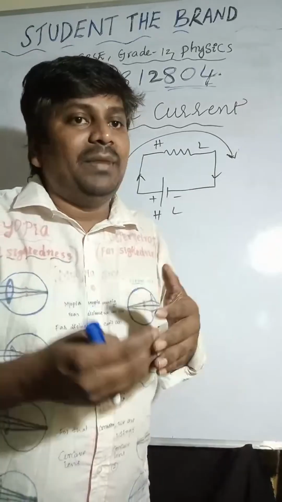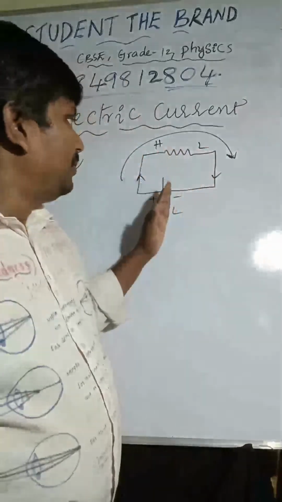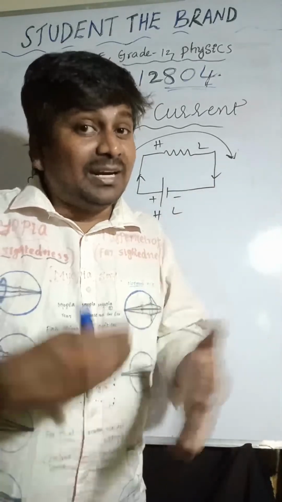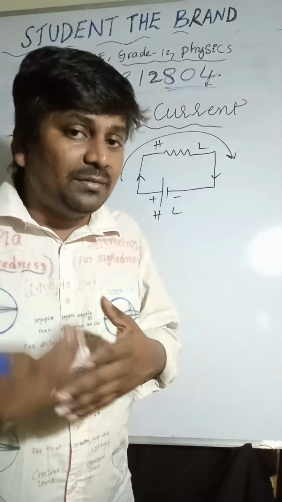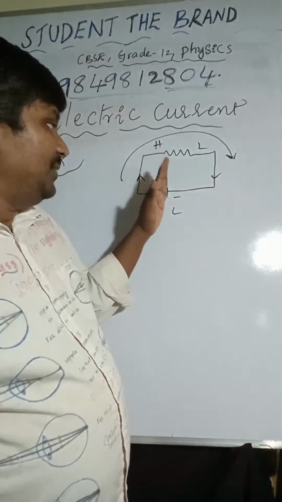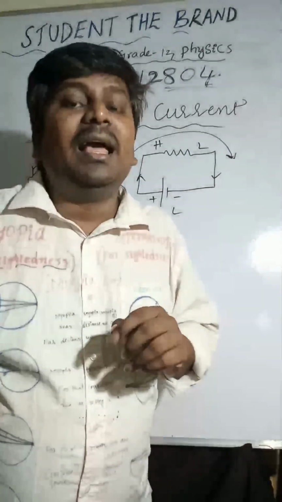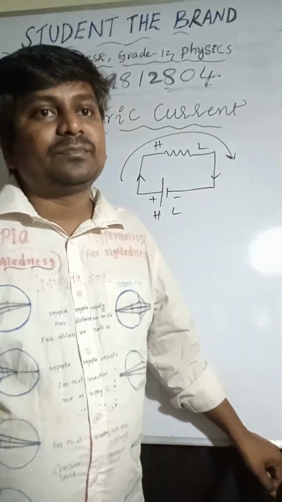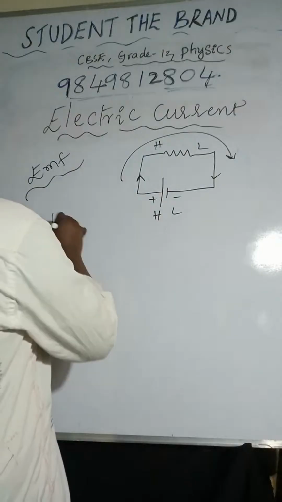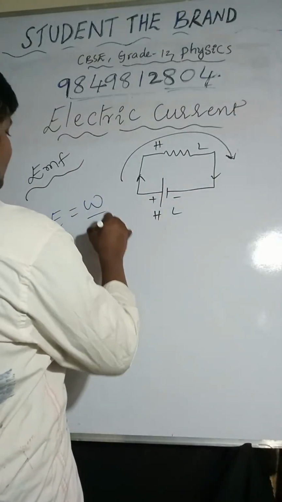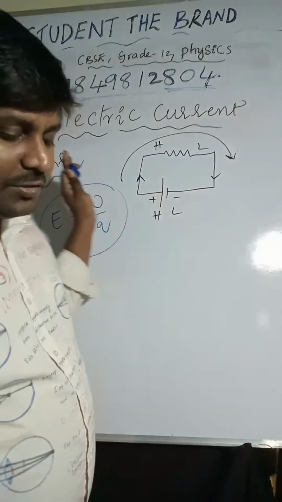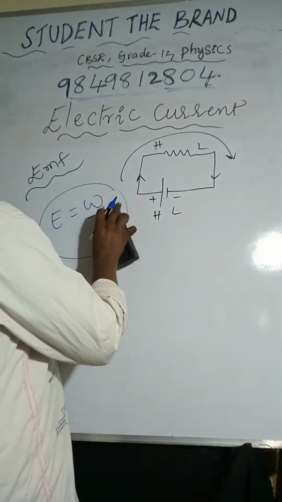The influence that makes the positive charge move from negative terminal to positive terminal is the work done by the cell or battery. The work done by the cell to move the positive charge from negative terminal to positive terminal is called electromotive force, EMF, denoted by E equals W by Q. Q is the positive charge moving from negative terminal to positive terminal of the cell.